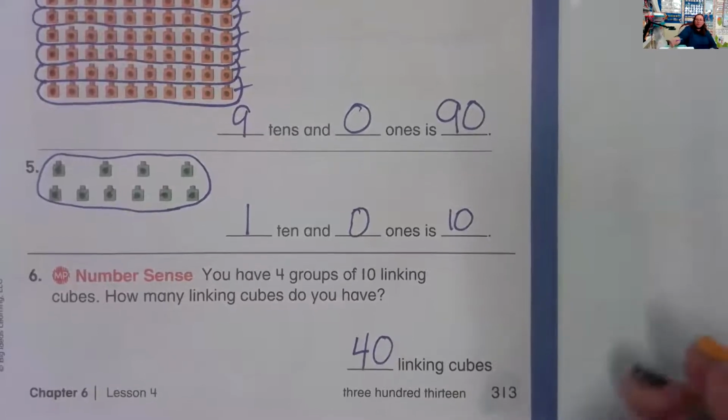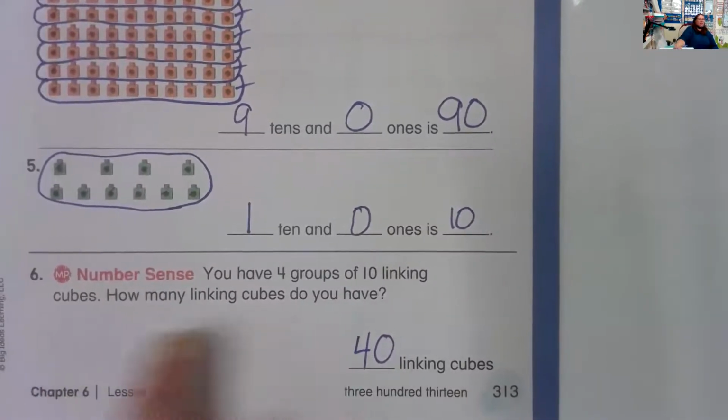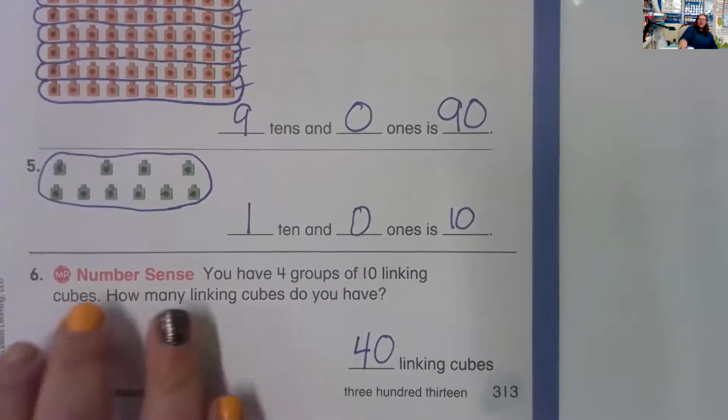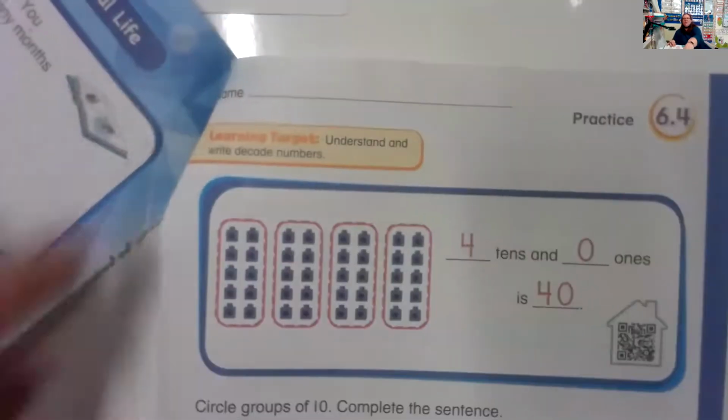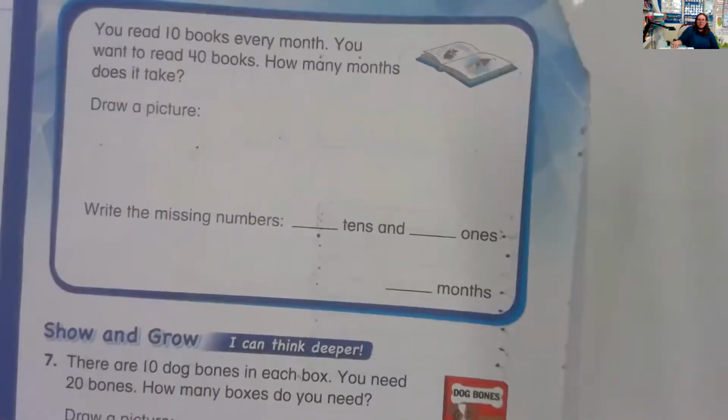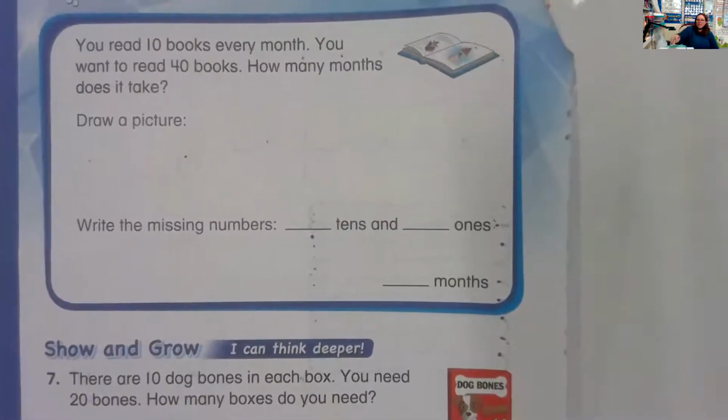All right, they didn't give you enough space to draw 40. We're gonna turn the page. We're not doing this side yet. We're doing this side first. Okay.